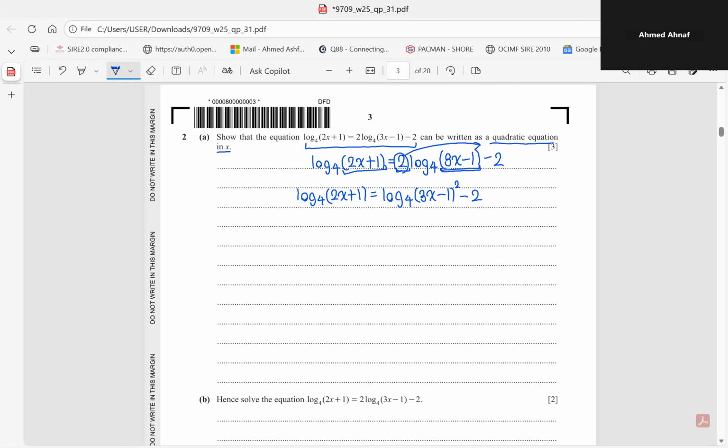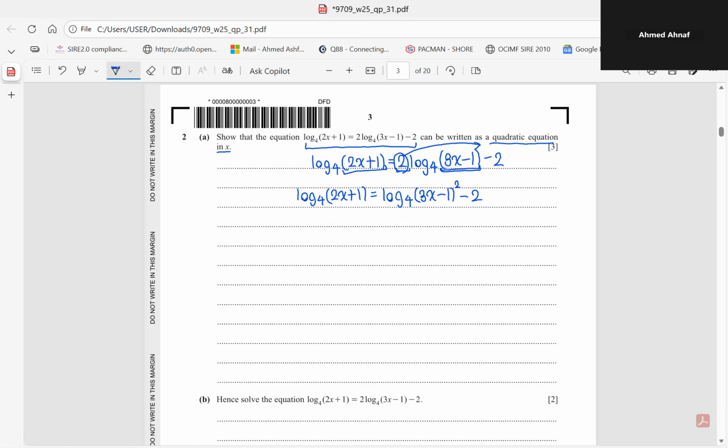Okay. And now our next step would be to bring all the logarithms to one side and keep everything else on the other side.